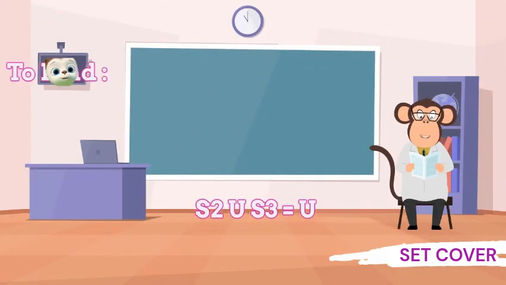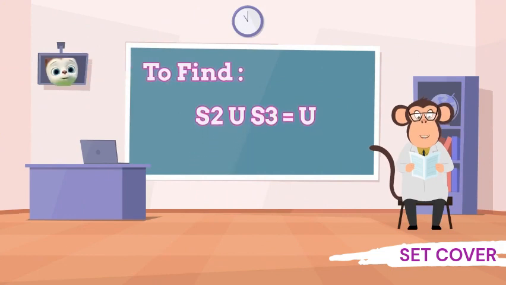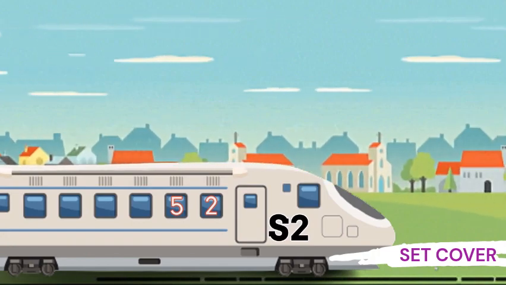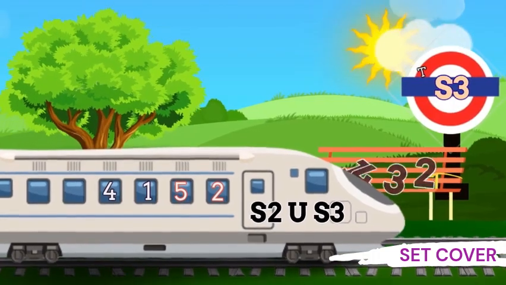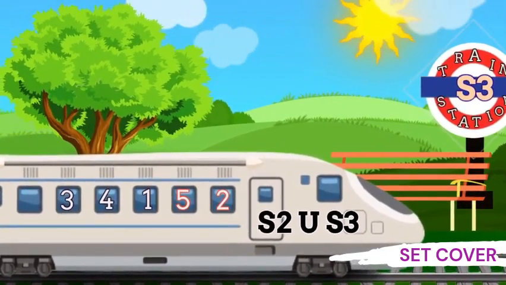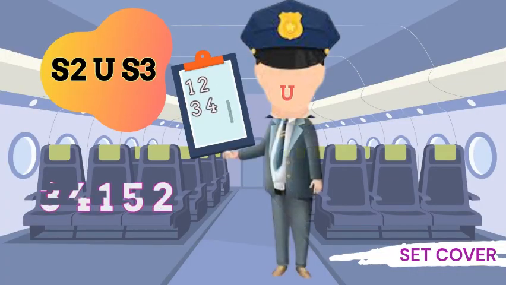For the next condition, we have to check whether S2 union S3 is equal to U or not. Again, S2 and S3 are two different stations, and we are going to perform union operations with the values of sets S2 and S3. After performing the union operation for the sets S2 and S3, the value of S2 union S3 is equal to the union values.